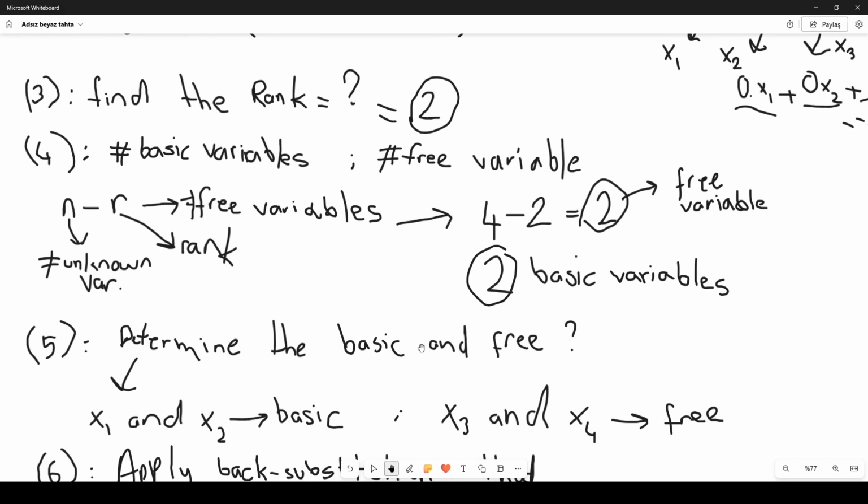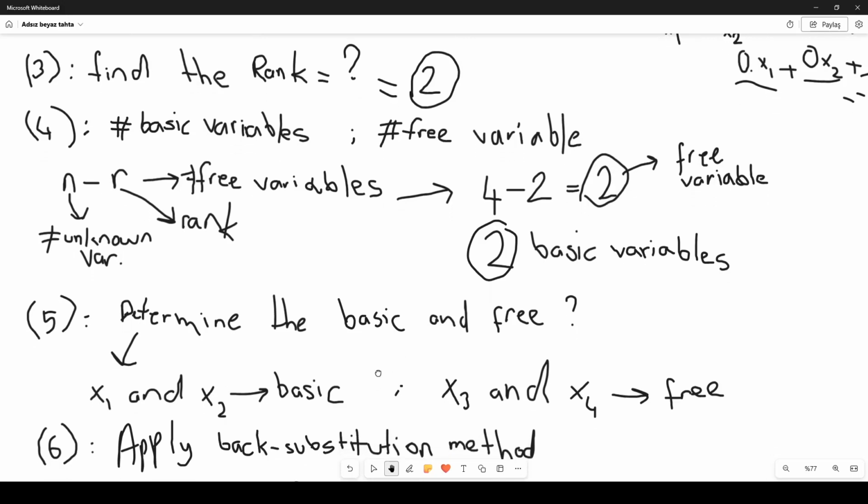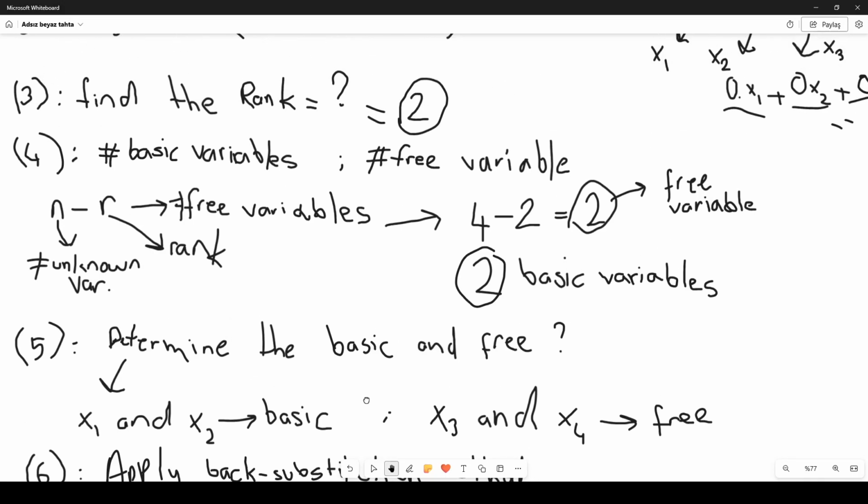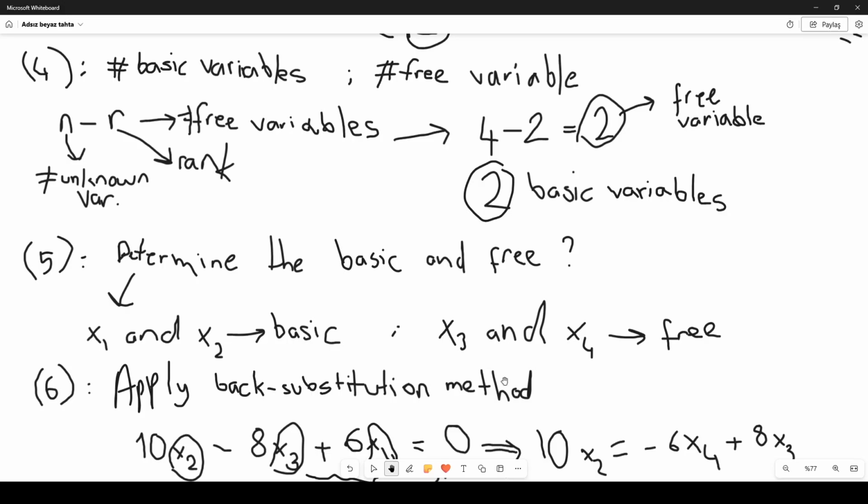And why do we find the rank? Because we need to decide the number of basic variables and free variables and then determine what these variables are. We have n minus r free variables, where r is the rank and n is the number of unknown variables. In our example, we have 4 minus 2, in other words, 2 free variables and 2 basic variables. Then determine who the basic and free variables are.